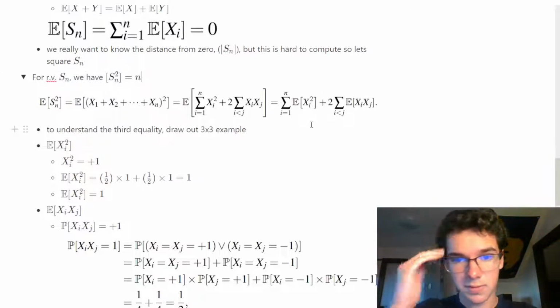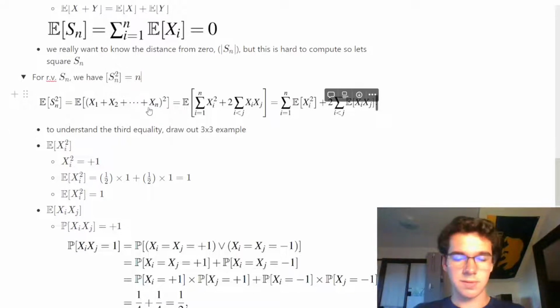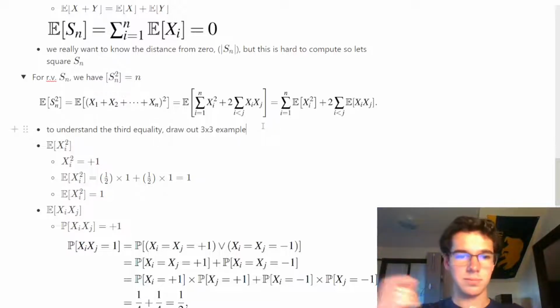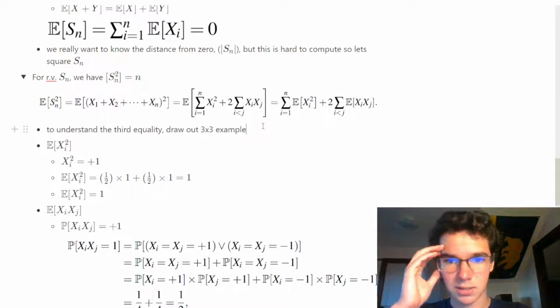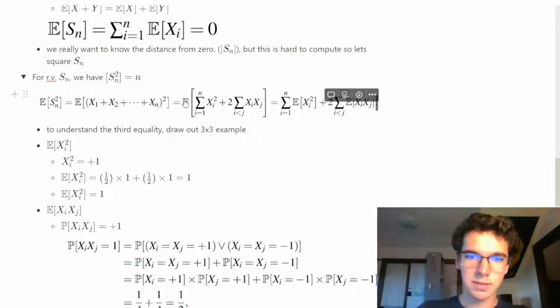If you don't believe that this huge sum of terms squared takes on this form, I would encourage you to draw out a 3x3 example, like a 2D matrix, and do the multiplication and see how it comes out like this.